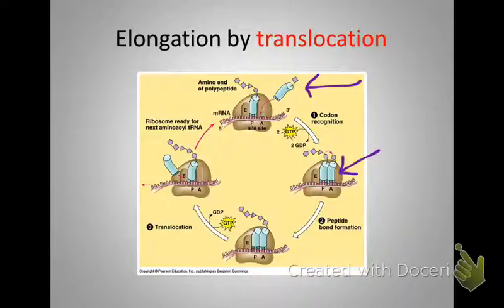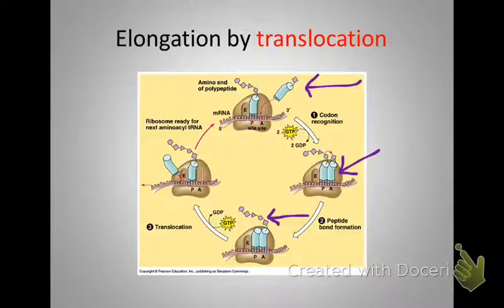A peptide bond forms between these amino acids right here. It just drops off its amino acid, the one that was used there before. See how it just transfers over? You've got your amino acid chain there, and then it just transfers over. A peptide bond forms between them, and all a peptide bond is, is a bond between amino acids. That just means it's amino acids bonded together.